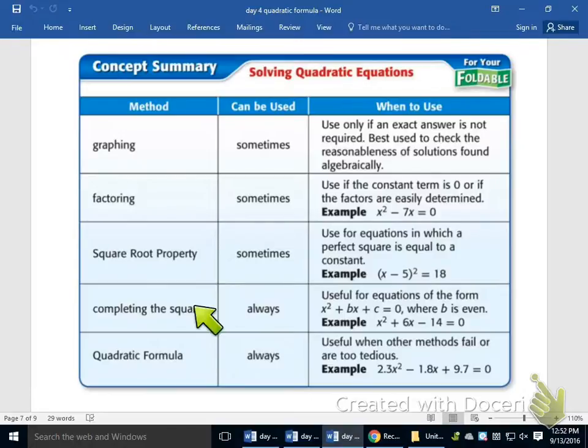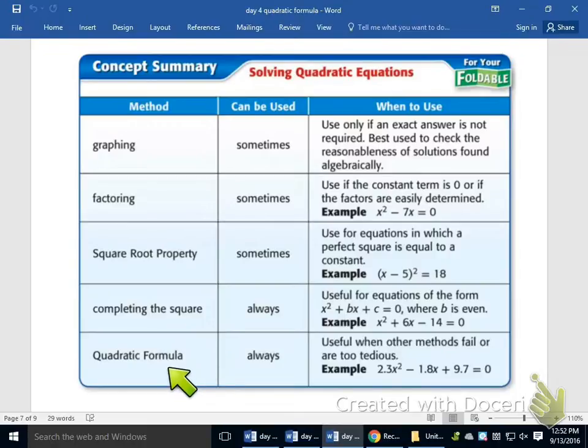And then these last 2 methods are going to work for every single equation that you find, because these 2 up here won't handle imaginary roots, and they won't handle irrational roots well at all, but these 2 will. And they will also work for the rational answers as well.